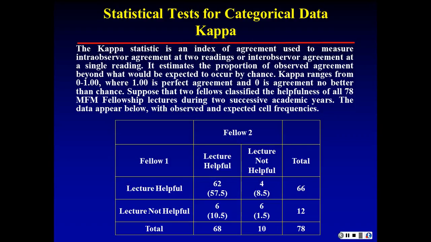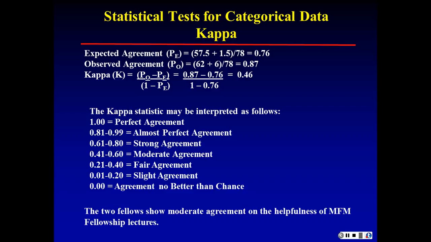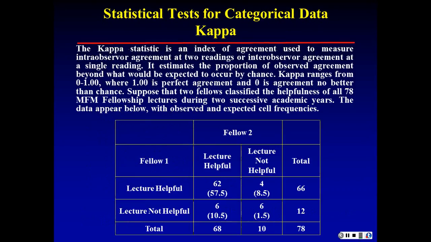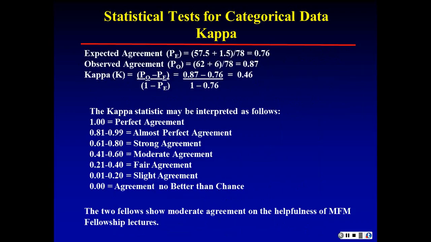So your expected level of agreement then is 57.5 plus 1.5 divided by 78, which gives you 0.76. Now, your observed agreement was actually higher than this. You have 62 plus 6, that's 68 out of 78. Your observed level of agreement was thus 68 over 78, or 0.87.